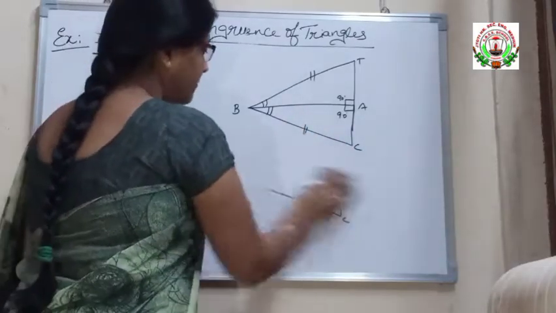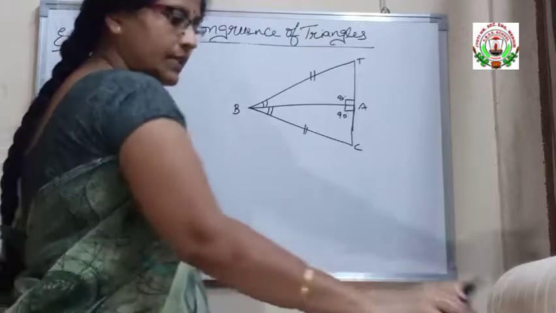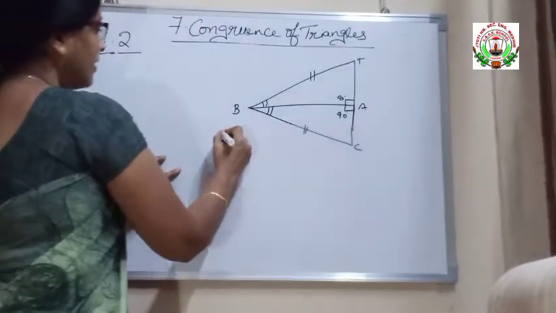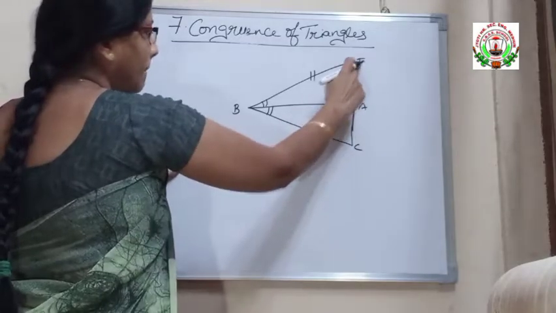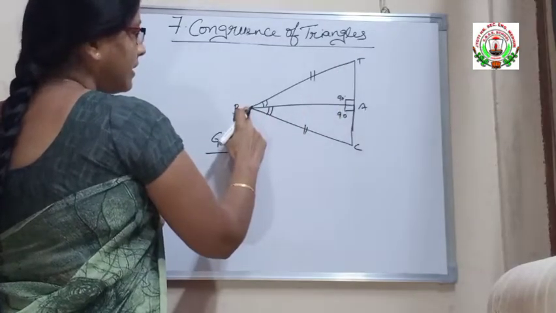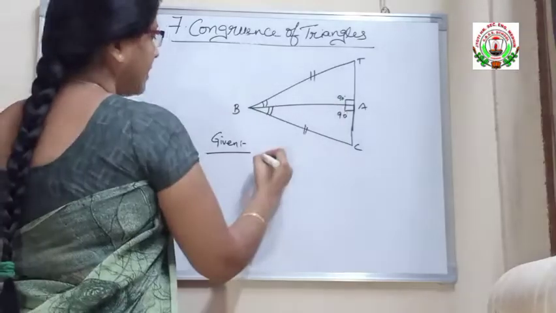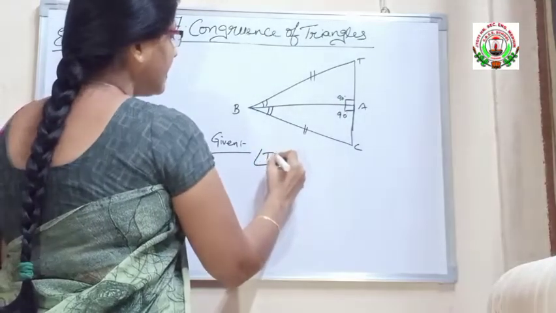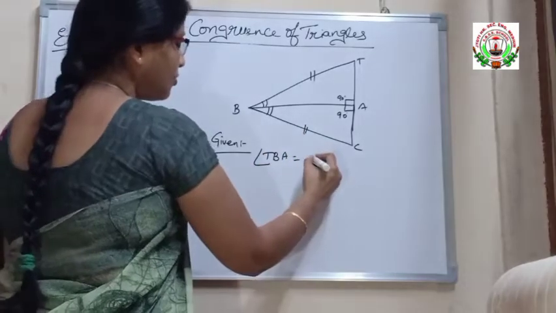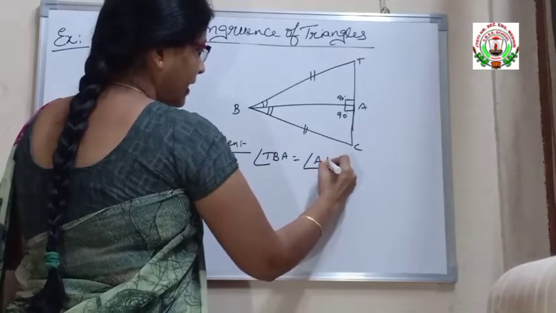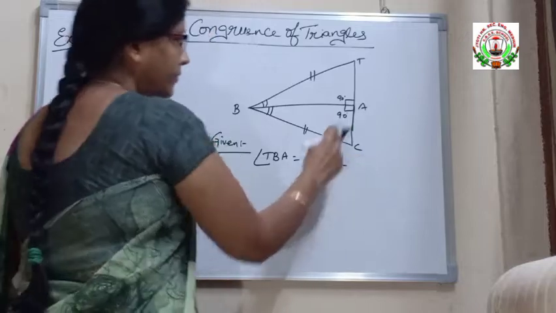So let us write what is given first. Given here, angle TBA, that is this angle, is equal to angle ABC.